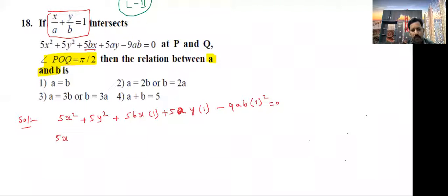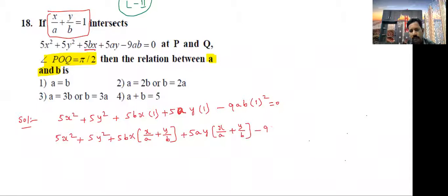Substitute: 5x square plus 5y square plus 5bx into (x by a plus y by b) plus 5ay into (x by a plus y by b) minus 9ab into (x by a plus y by b) whole square equal to 0.